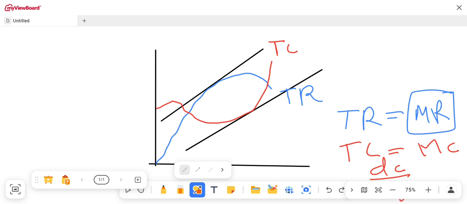I hope it was easy to understand how we derive the monopolist equation from the total revenue curve. Then we moved ahead and derived the equation where marginal cost equals marginal revenue in two ways. Then we moved ahead and derived it with respect to the graph.